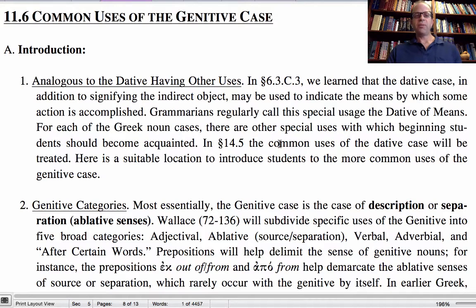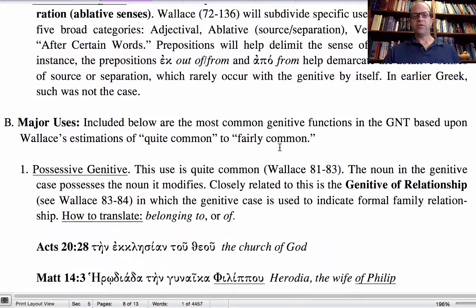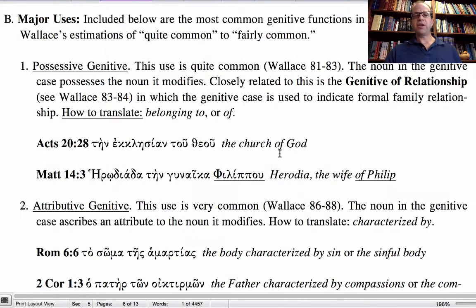These are listed here after providing a brief introduction into the genitive case and how grammarians have categorized the genitive. I'm basically going to provide just an overview of each of these, and you can study the examples. The possessive genitive is how you've been understanding the genitive so far.